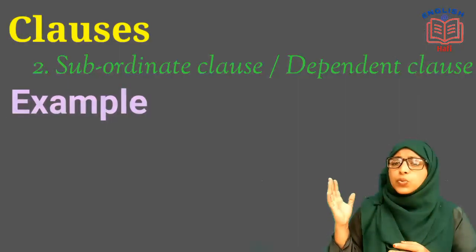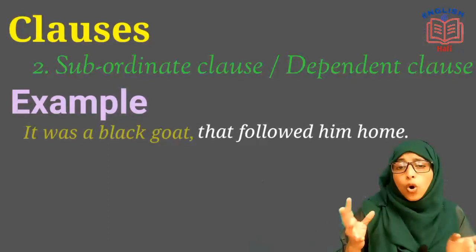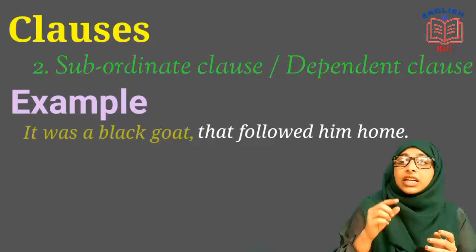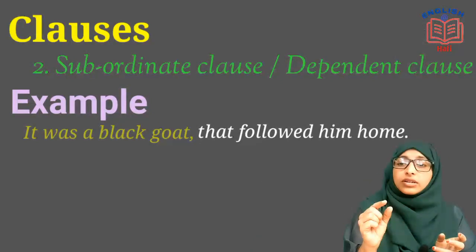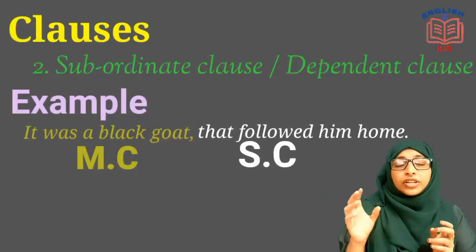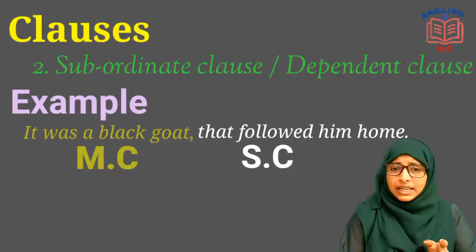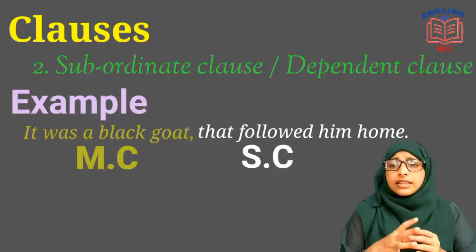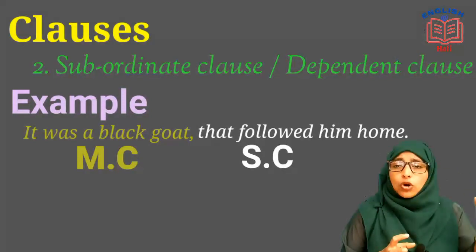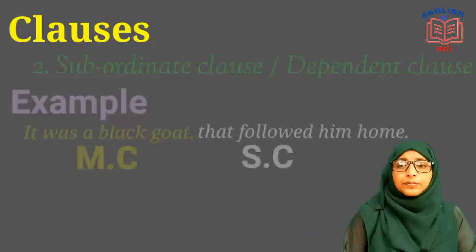For example, it was a black goat that followed him home. Here, it was a black goat is the main clause, that followed him home is the subordinate clause. Here, that followed him home is not complete when it is separate and hence it always needs the help of the main clause, it was a black goat, to complete its meaning.